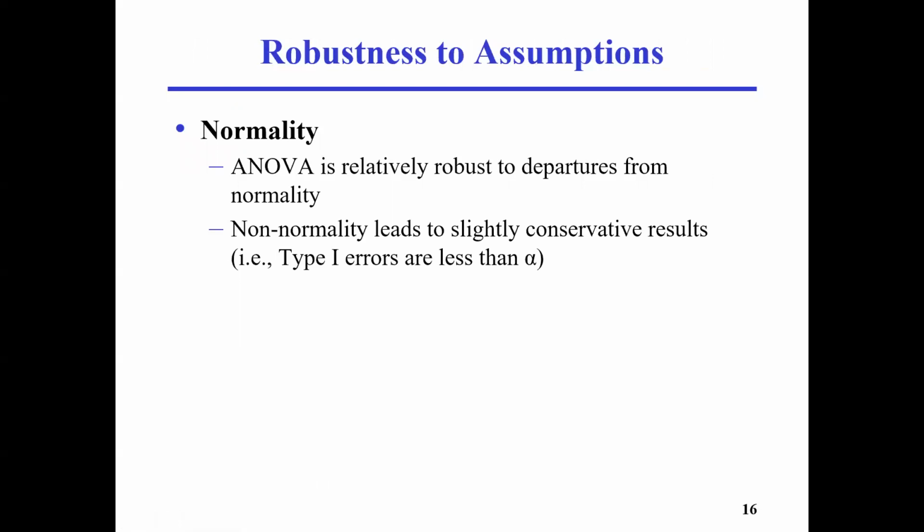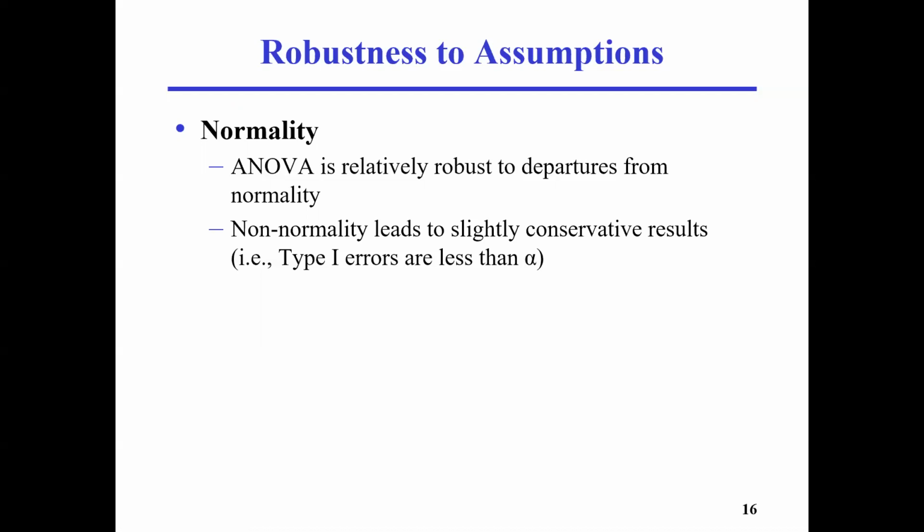Next, in the last part of this lecture, I want to talk about the robustness to assumptions. Robustness of what? Of ANOVA to assumptions, because there are three assumptions you need to accept before carrying out ANOVA. But in real applications, those assumptions are pretty hard to meet.